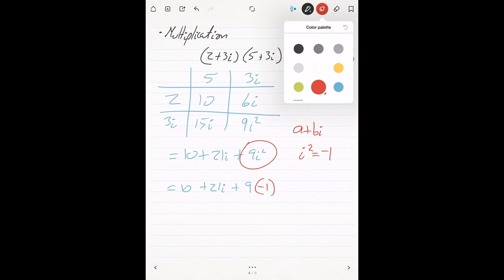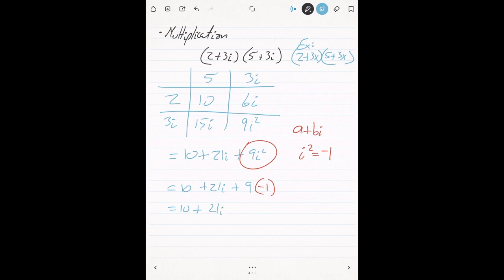So if we simplified this some more, we would have 10 plus 21i minus 9. 10 and -9 makes 1 plus 21i. That is going to be our final answer, and it fits the form that we want of a complex number.